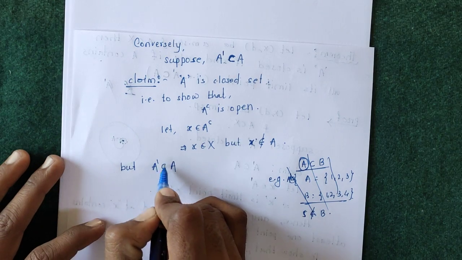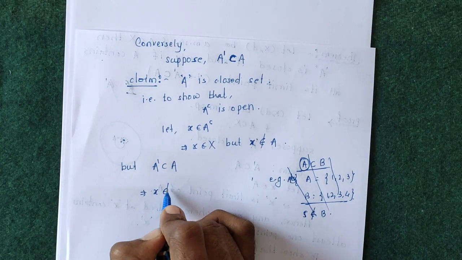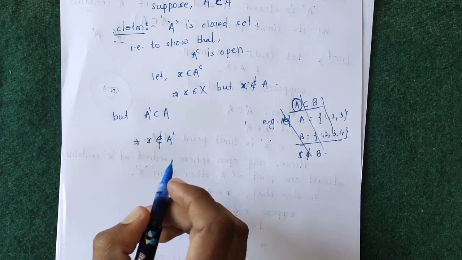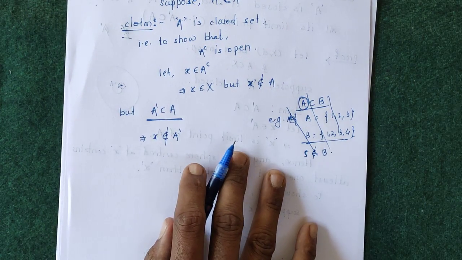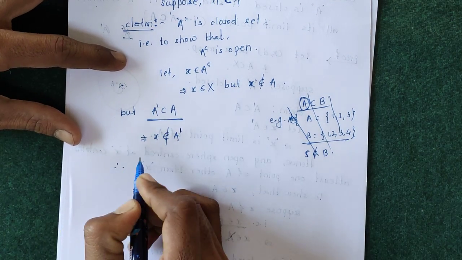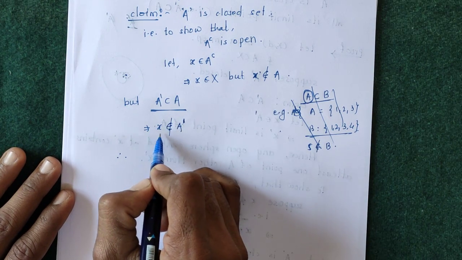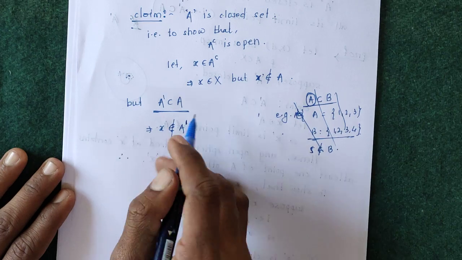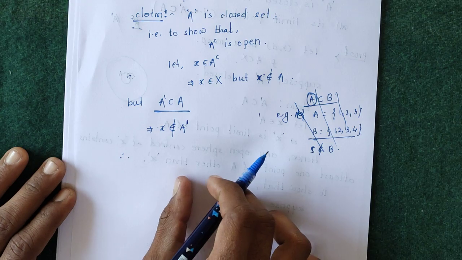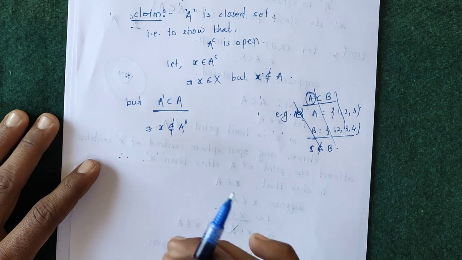A' is a subset of A. This implies x does not belong to the set of limit points of A. So x does not belong to the set of limit points means we can find some radius r such that if we draw the open sphere with that radius at center x, then that open sphere's intersection with A is empty. The open sphere's intersection with A being empty means that the open sphere lies totally inside A complement.